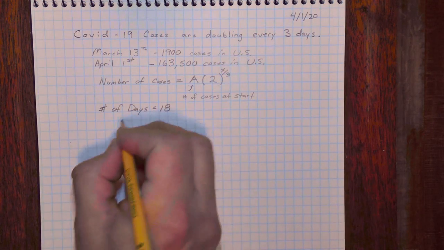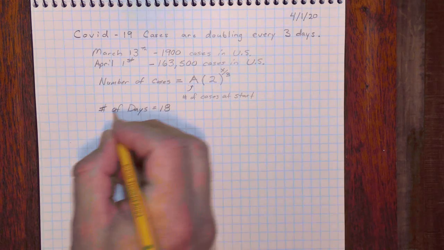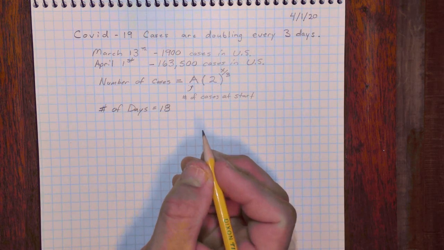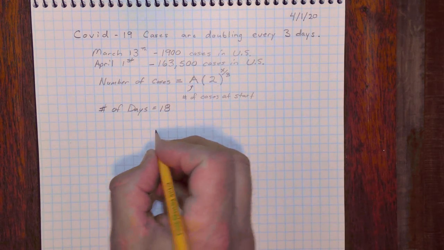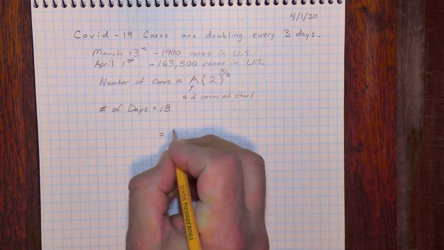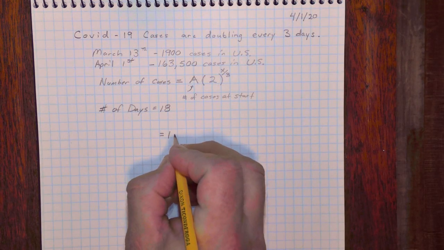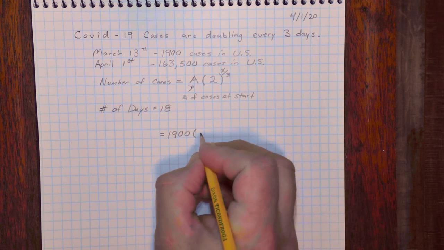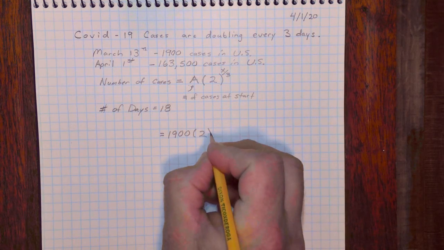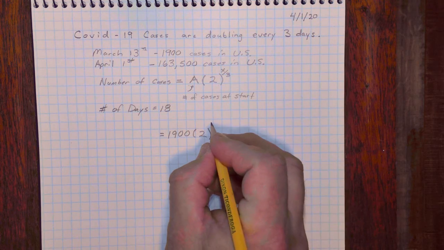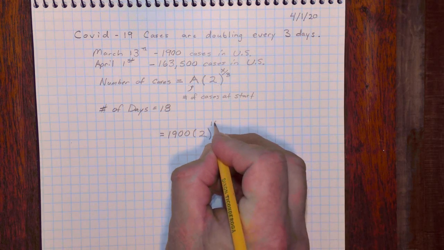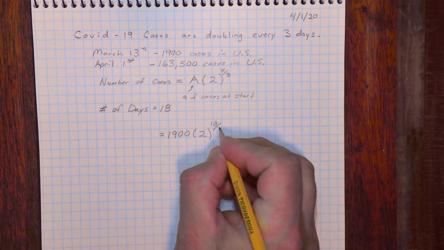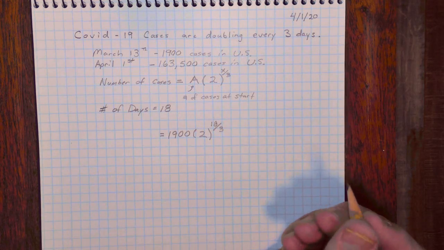Alright, so that means x is equal to 18 because x is the number of days. So what we've got right here is the initial value on March 13th was 1,900. We've got our base is 2 right here, and we've got 18 divided by 3 right there.